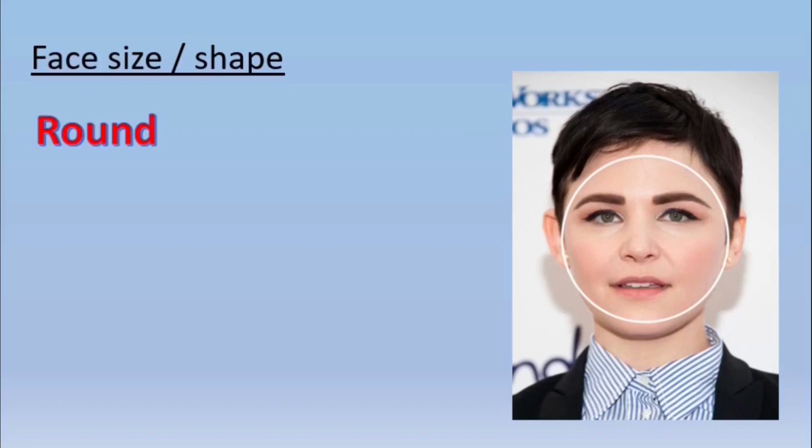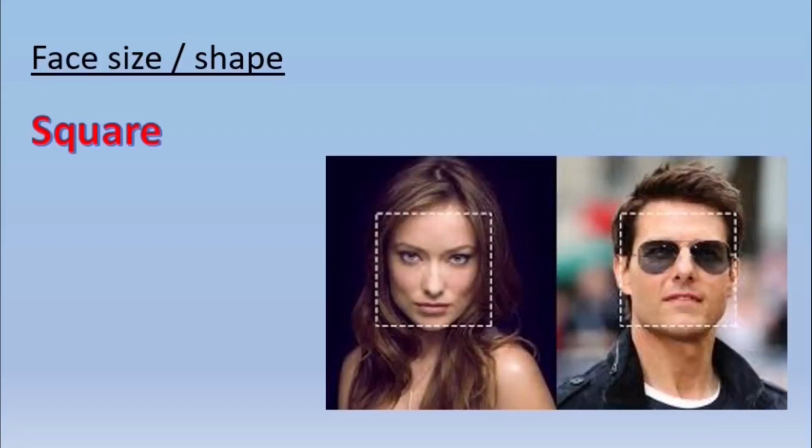She has a round face. Their faces are square-shaped. He has a square face. She has a square face. His face is square. Her face is square. They are square-faced.